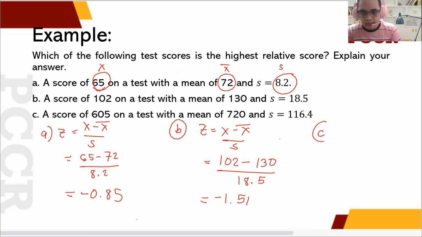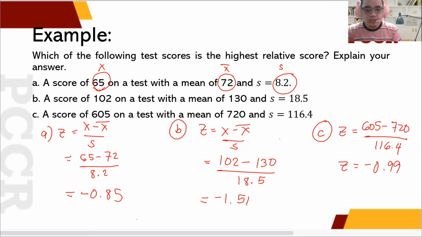And lastly, we have z equals the score of 605 minus the mean of 720 all over the standard deviation, which is 116.4. So when we compute that again, we have negative 0.99.